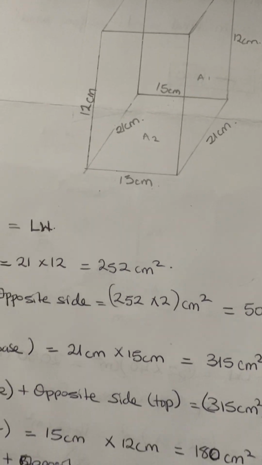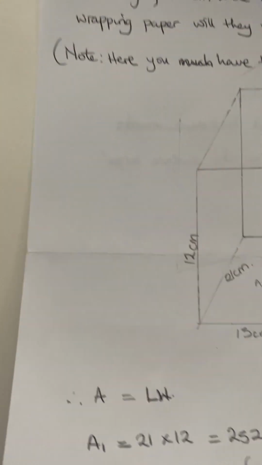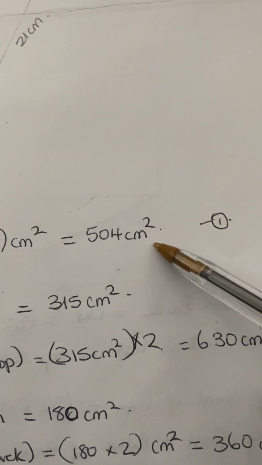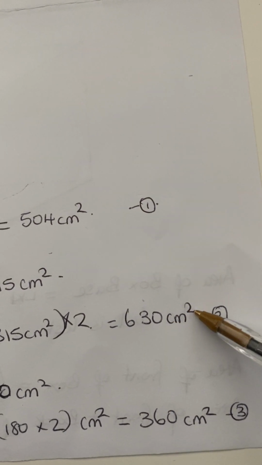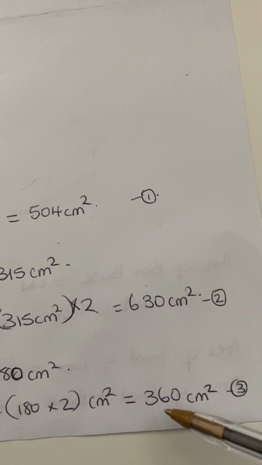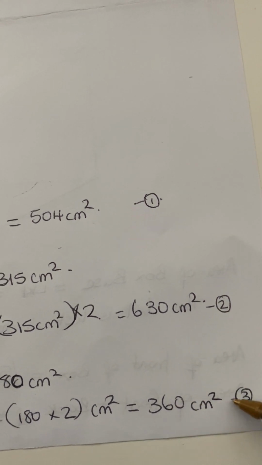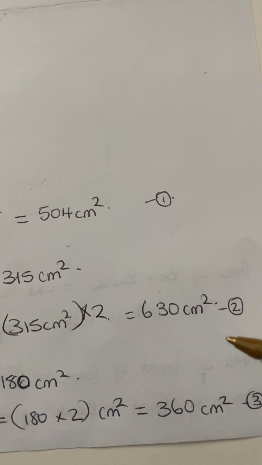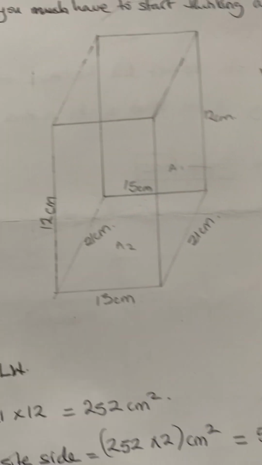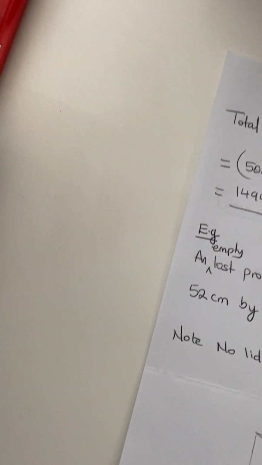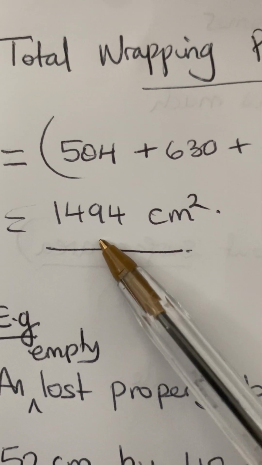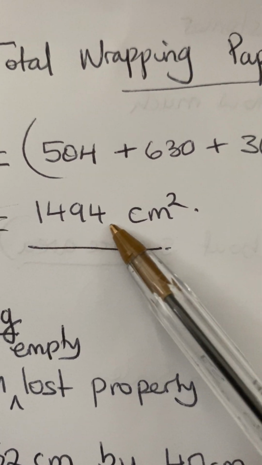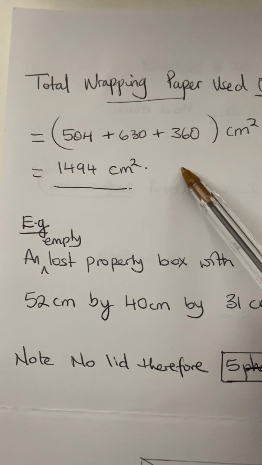If I add them all together, 504 plus 630 plus 360, all in centimeters squared, because the unit of area is centimeters squared, I will get 14,494 centimeters squared.